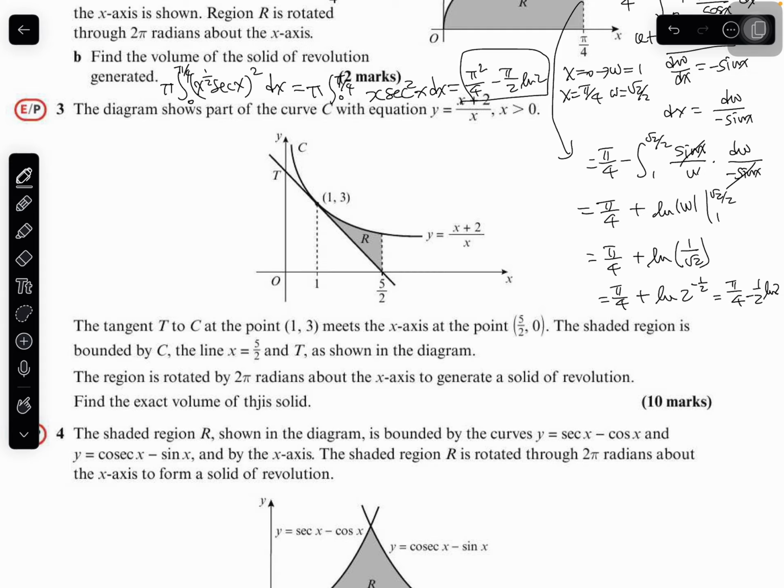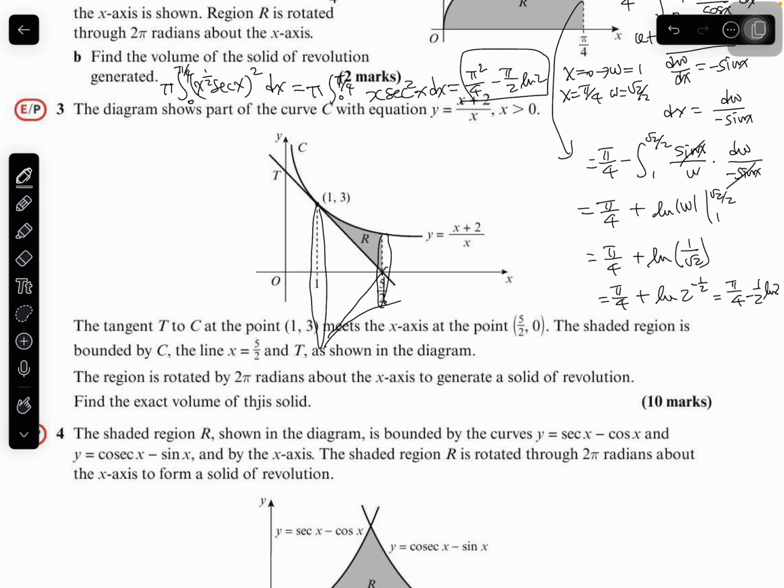So now when we rotate here, it looks like a funnel, but much larger, and we dig it empty inside with a triangular, cone shape. So find the exact volume of this solid.